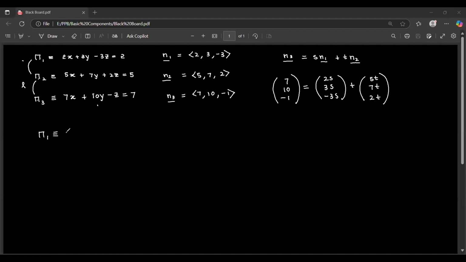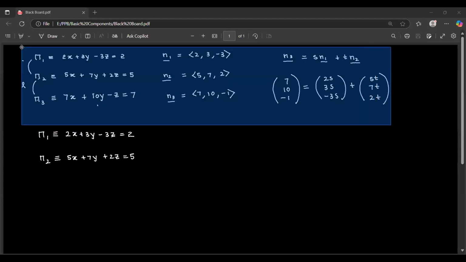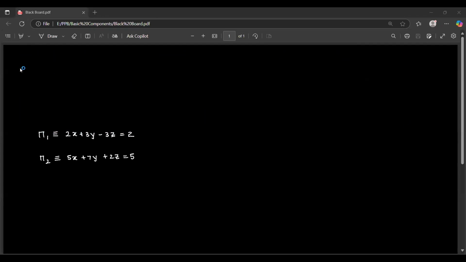Phi 1 is given as 2x plus 3y minus 3z equals 2, and phi 2 is given as 5x plus 7y plus 2z equals 5. I'm going to use only those two equations, so I'll erase the other things. These things are not needed. So this is 1 and this is 2.